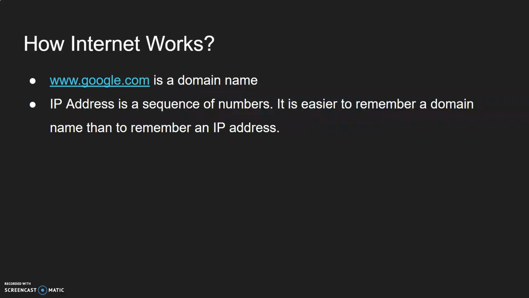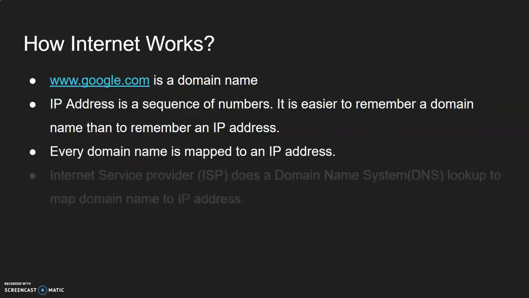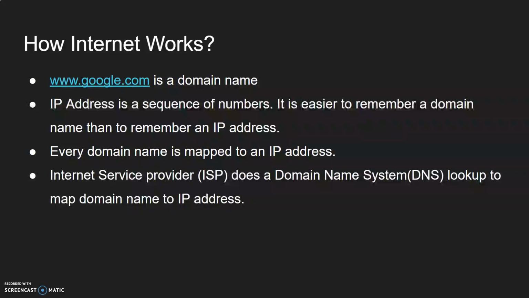So what is the basic concept here? We're going to link the domain name to the IP address. Both of them actually mean the same address, but since remembering names is much easier than numbers, we are going to use a domain name. Every domain name is mapped to an IP address. The internet service provider does a domain name system lookup to map domain name to IP address.